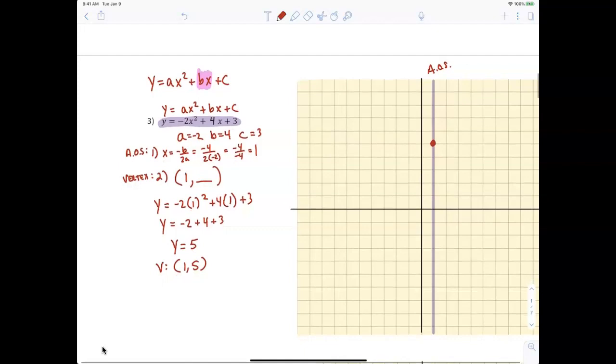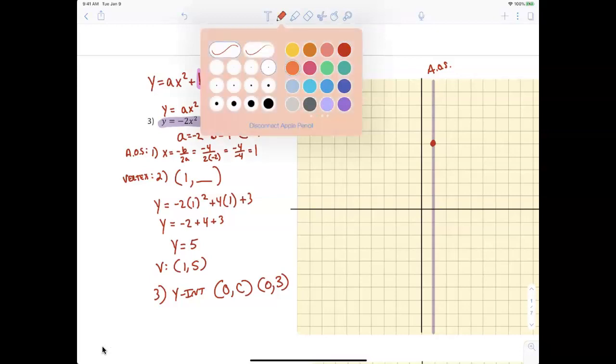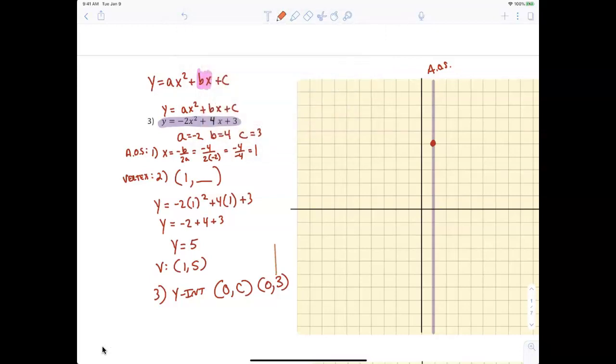Now step 3 is the y-intercept. And the y-intercept, remember, is always (0, c). So in this case, the y-intercept is (0, 3). I'm going to show you, so please watch. The c value is the constant right there.